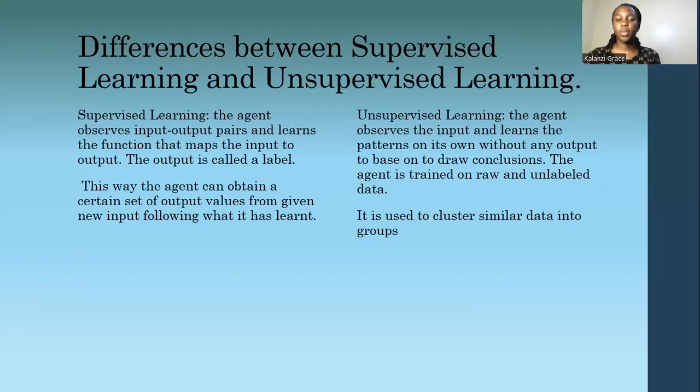Then we look at the differences between supervised and unsupervised learning. What I can say about supervised learning is that an agent, or should I say an AI model, an agent is like an AI model, observes input-output pairs.